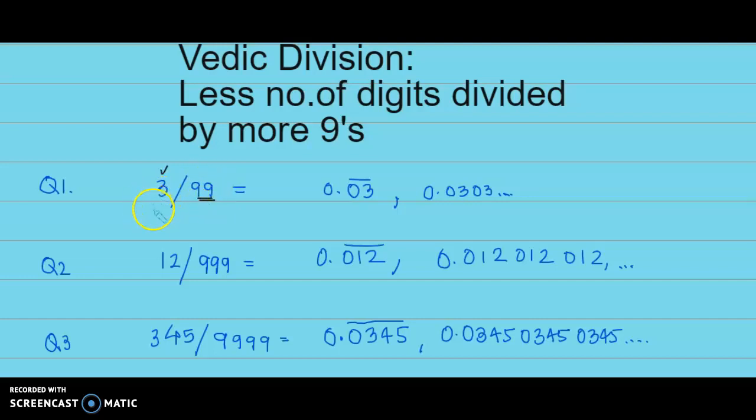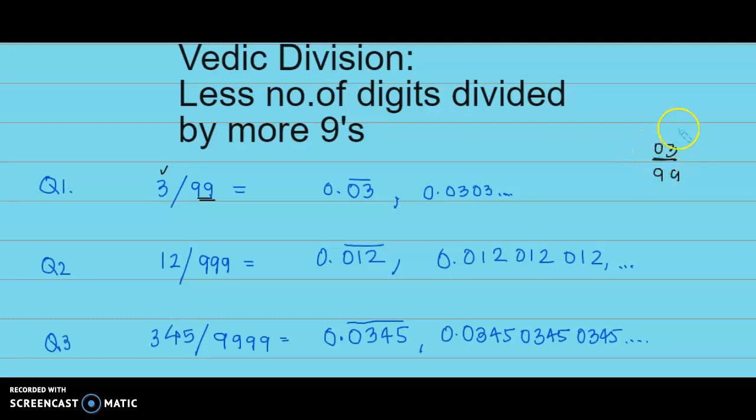So when you have a similar situation, how do we divide? Now just try to understand what I am saying. 99 has 2 digits, so in the numerator you have to equalize the number of digits. So if you add a 0 to the left of 3, it becomes 2 digits.